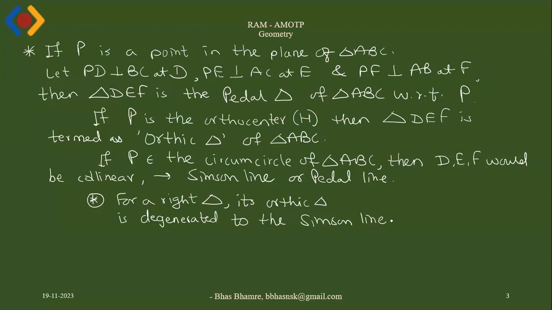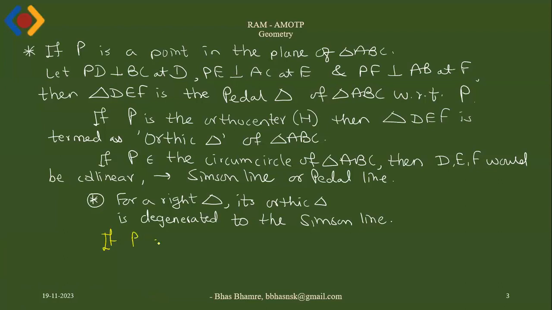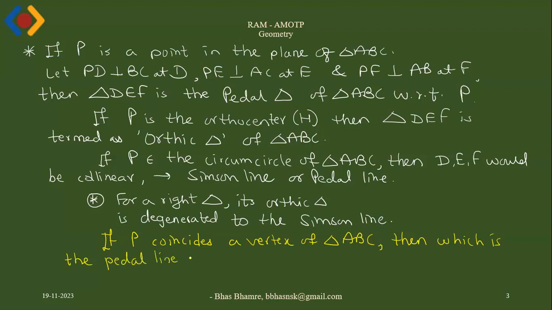But if we say that P coincides with a vertex of the triangle, any one of the vertices of the triangle, then what will happen to the Simpson line? So if P coincides with a vertex of triangle ABC, then which is the pedal line for P?